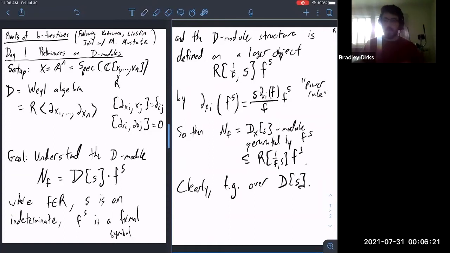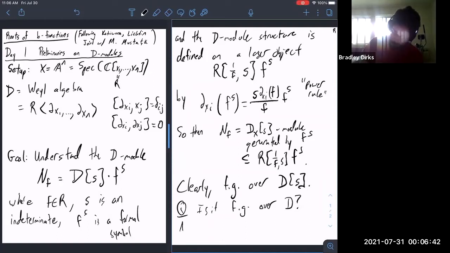It's a cyclic module over this ring, just generated by the symbol f^s. But there's a question: is it finitely generated over D? There's no reason why we should be able to get the action of s just by applying differential operators. The answer is actually yes, but we'll have to wait until next time to see that.